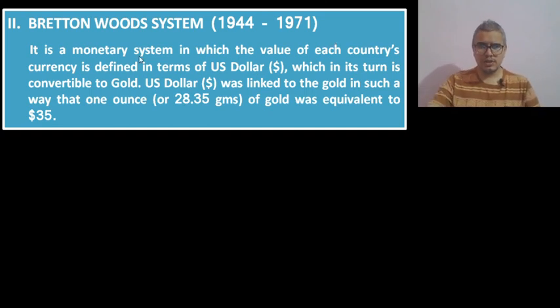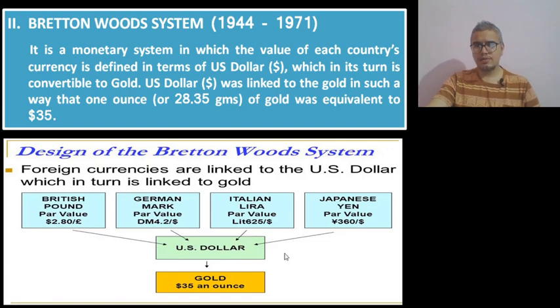Okay, so let us understand how the Bretton Woods system worked. With this diagram, it will be pretty much clear to you all. All the currencies: British pound, German mark, Italian lira, Japanese yen.